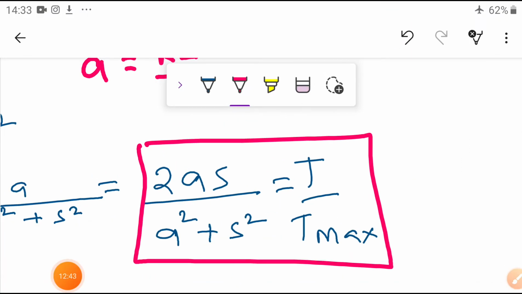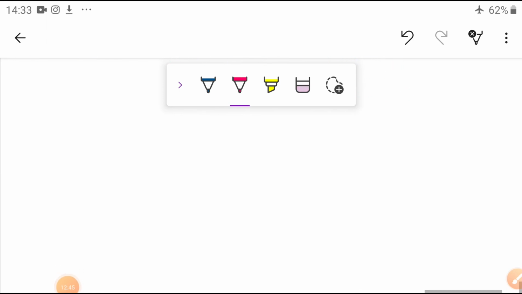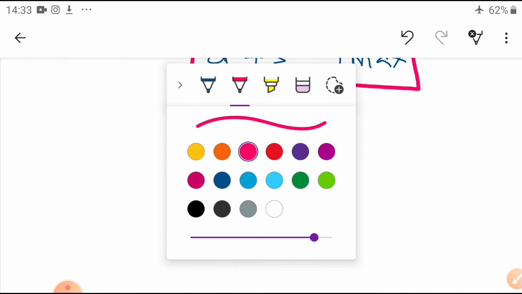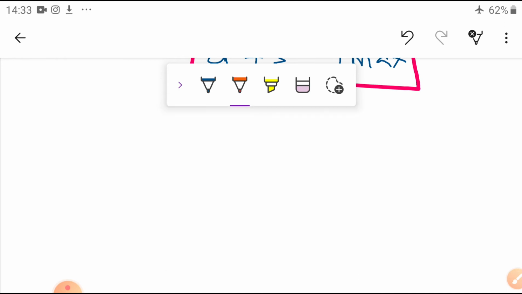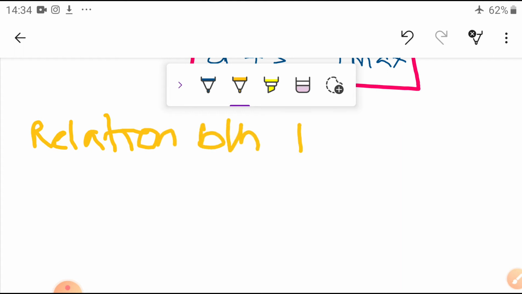Now, in this case, I am going to derive the relation between T start and T max. So, T starting by T max, I am going to do that equation.